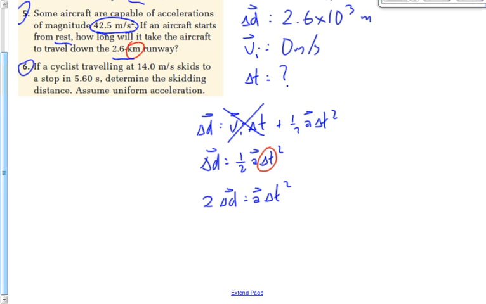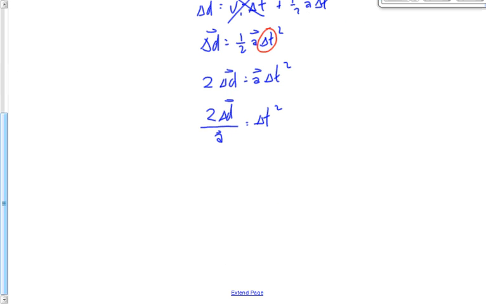It's multiplied by A on the right side. I divide by A on the left side. And then finally, I've got the square there. How do I get rid of the square? Good, square root it. So it becomes 2 times delta D over A, square root all of that, equals T.